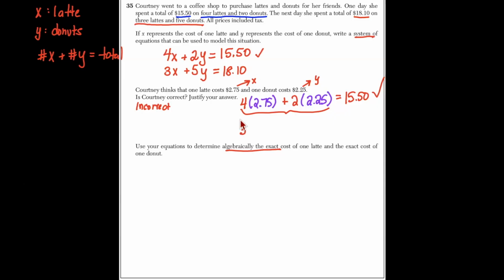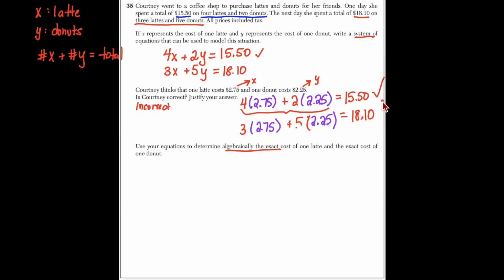So 3 multiplied by 2.75 plus 5 multiplied by 2.25. I need that to be equal to 1810 if Courtney was right.